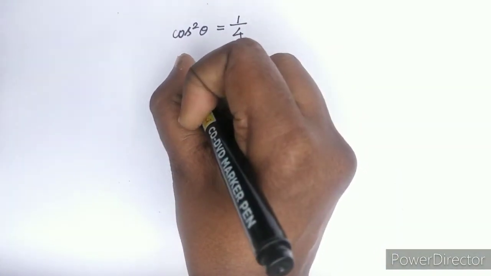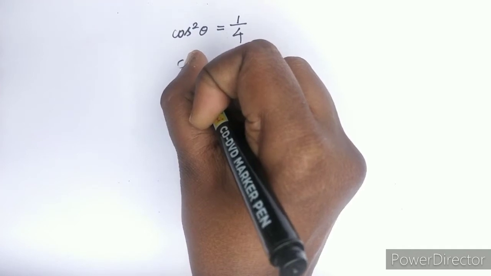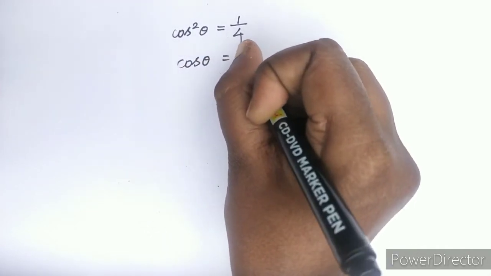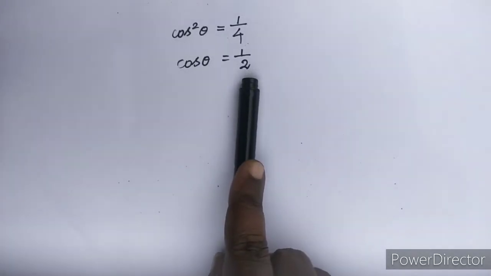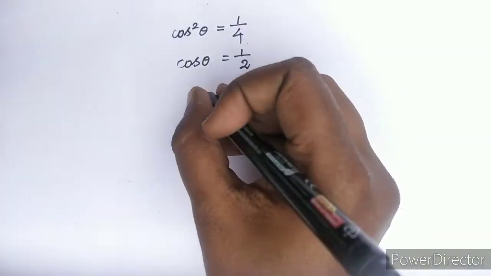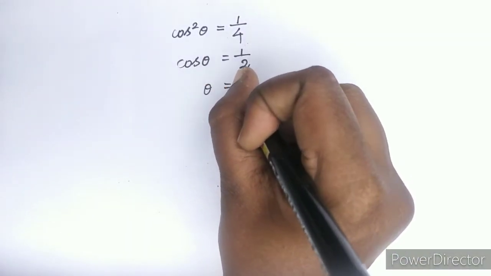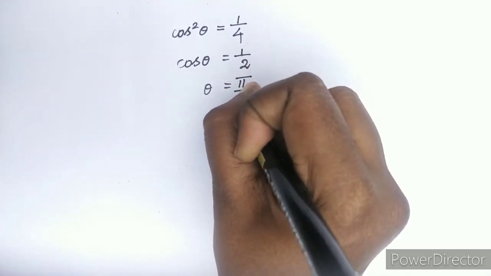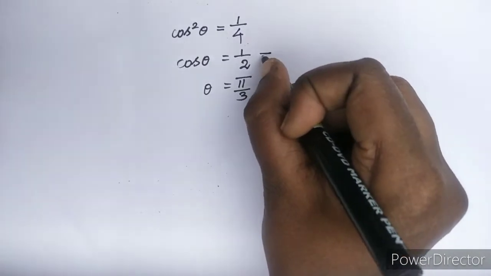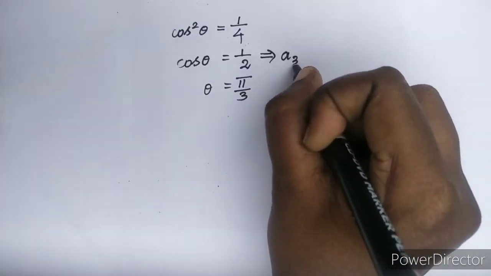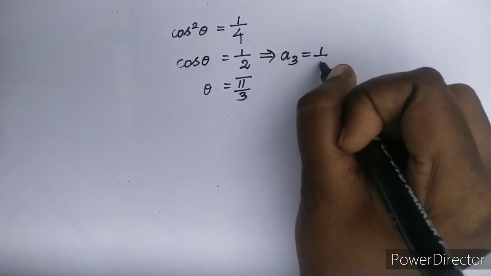So, cos theta will be equal to 1 by 2. Then, if cos theta is equal to 1 by 2, theta will be equal to pi by 3. So, our A3 will be equal to what? Which implies A3 will be equal to 1 by 2.